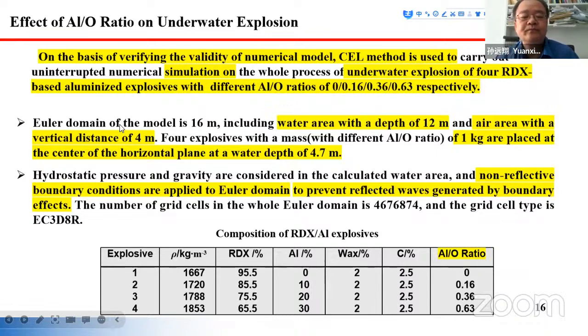The water area has a depth of 12 meters and a vertical distance of 4 meters, and one kilogram of explosive with a different ratio is placed at the center of the horizontal plane at a water depth of 4.7 meters. We choose the non-reflective boundary condition, which can prevent reflected waves generated by the boundary.